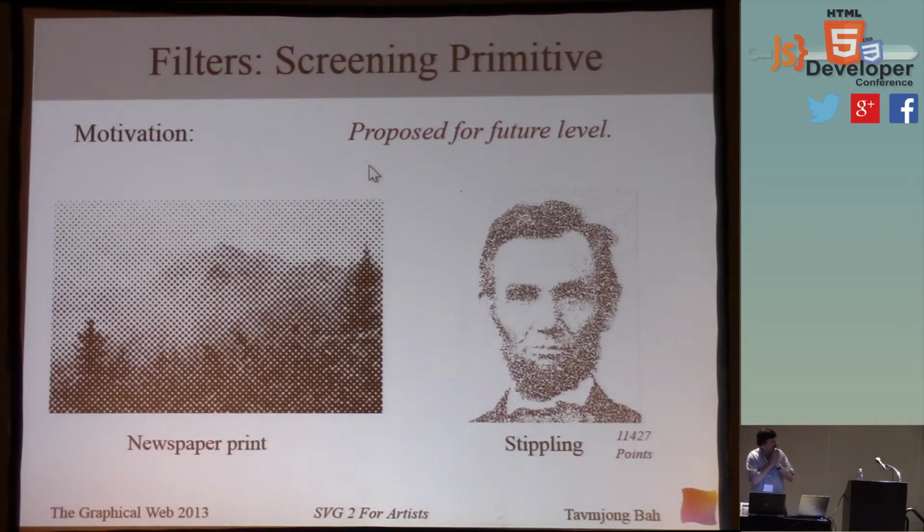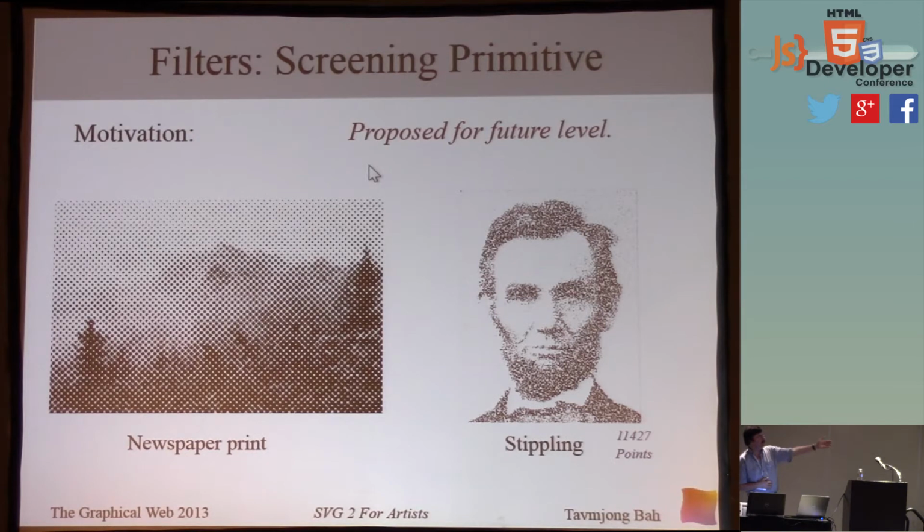Well, when I thought I had more time, I was going to talk about a proposed new filter primitive that could do screening. I'll just give you a quick example. You have the picture of Abraham Lincoln, and you want to have a stippling effect. Well, you can do that now, like in Inkscape, but you end up with 11,000 points. You can't put 11,000 points in your SVG file.